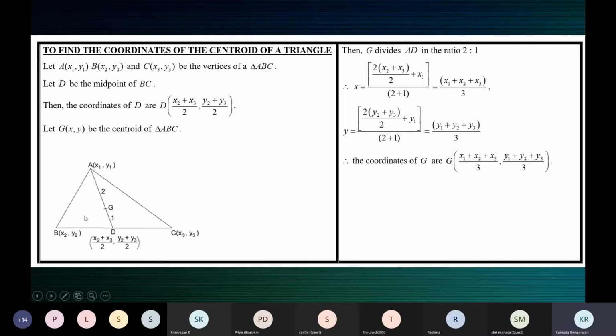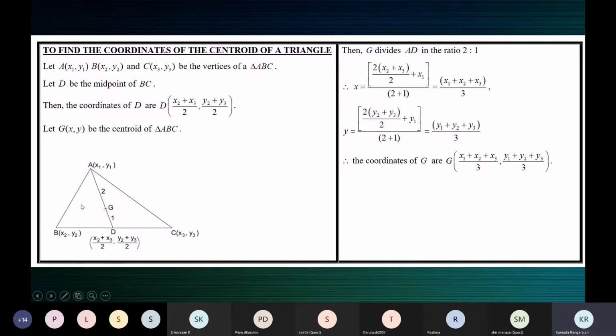For this, you should be given the coordinates of A, B, and C. With this, you can find the coordinates of the centroid. The x coordinate of the centroid is x1 plus x2 plus x3 by 3. What are x1, x2, and x3?